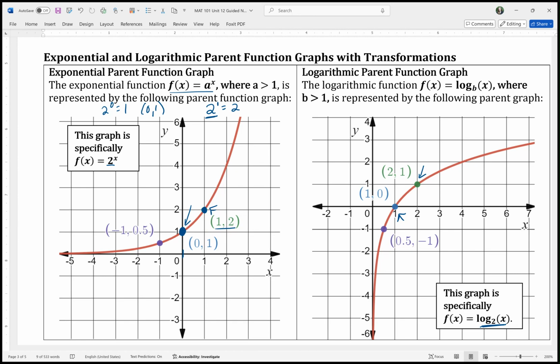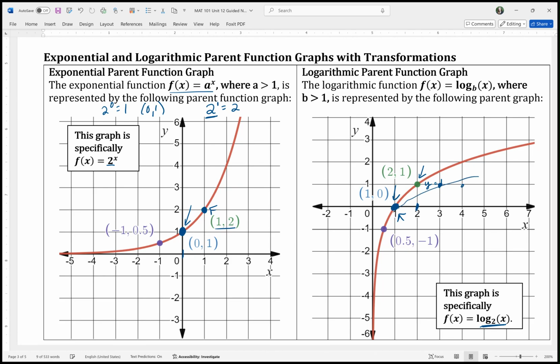That's going to be the x value of 2 when your y value is 1. So basically the exact opposite of the exponential. And in all these logarithmic function graphs, you will always have 1, 0 as your reference point. So your main reference point is 1, 0 for log graphs. And then your base tells you how far right you go when you go up 1 unit. So if your base was 3, you would be here at 3, 1. And it would go more like that.